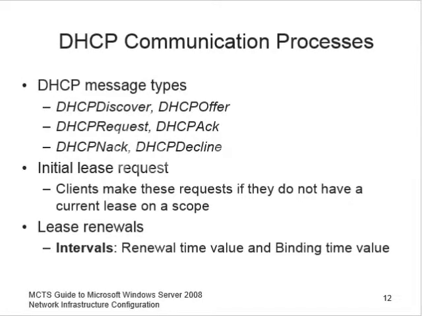Besides this kind of message, we have the DHCP NAK, which is sent by the DHCP server as well to a DHCP client to deny the client's request. This might occur if the requested address is incorrect because the client was moved to a new subnet or because the DHCP client lease expired and cannot be renewed. After receiving the DHCP NAK message, the client must begin the lease or renewal process again.